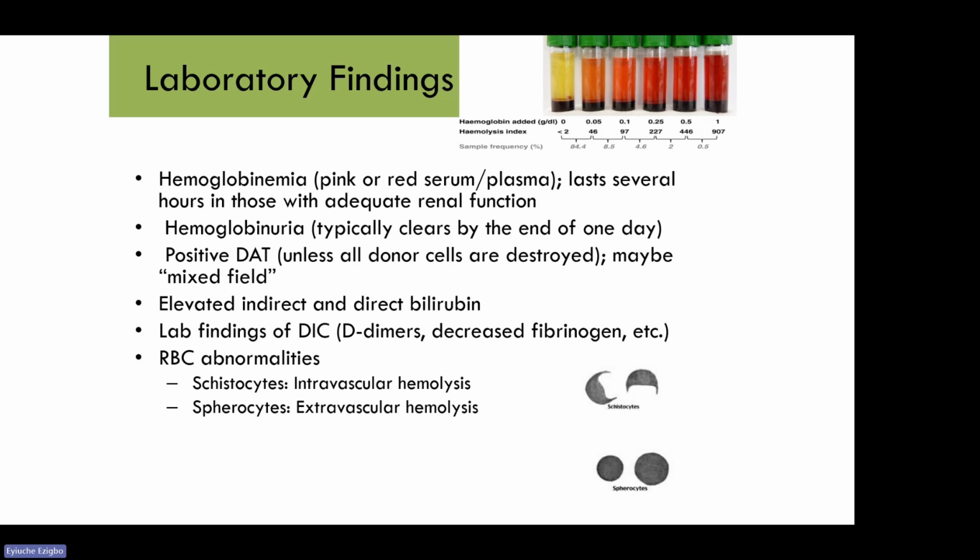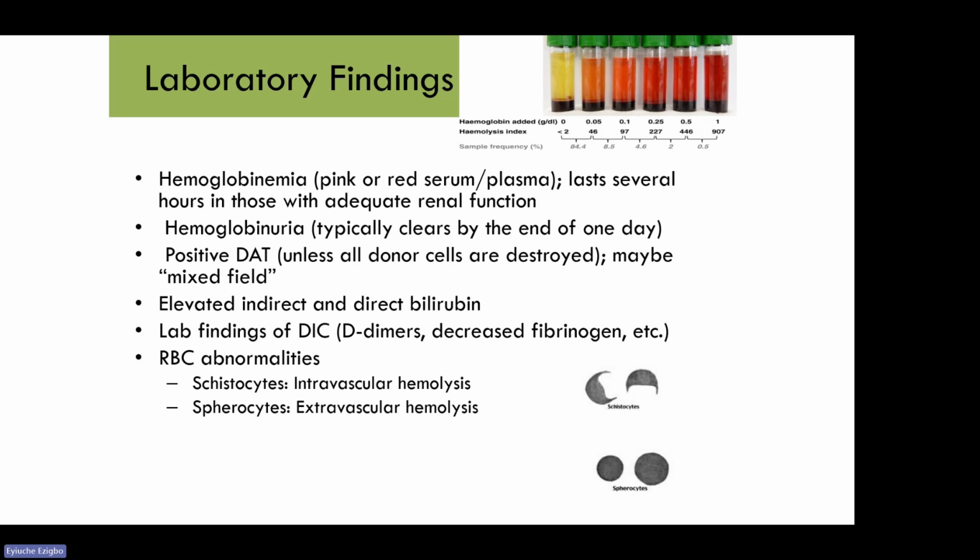But due to the lysis, breakdown of red cell that is going on inside the patient, if you leave the red cell to settle inside an EDTA tube, you find some levels of discoloration depending on the extent of the destruction of the red blood cell. That's what we mean by hemoglobinemia.